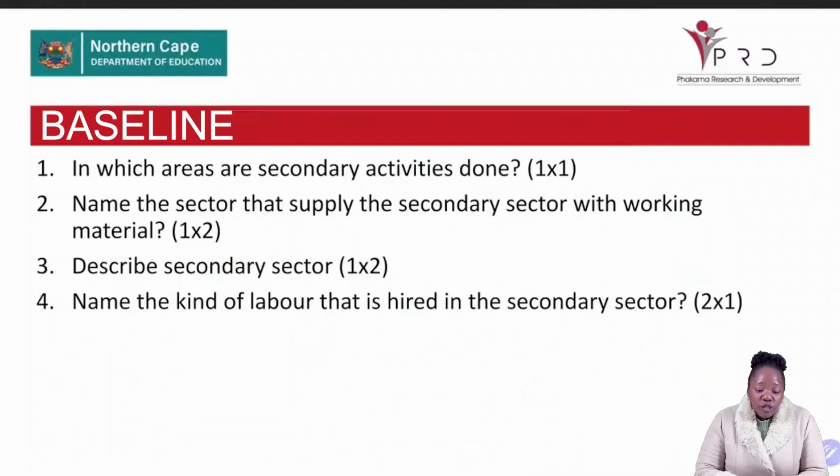Then the third question, you need to describe the secondary sector. Then fourth question, you name the kind of labor that is hired in the secondary sector, 2 times 1. So I'm going to give you 5 minutes to work on this activity. And then after 5 minutes, we're going to do the corrections.